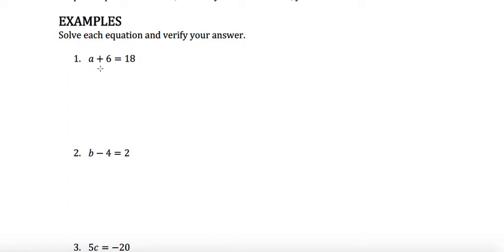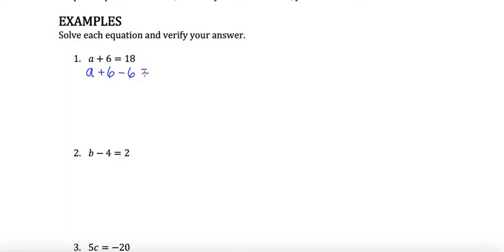For this one, we're going to eliminate our 6, so we're going to move our 6 to the other side of our equal sign. Right now we're adding the 6, so the opposite of adding is subtracting. Some of you might remember writing out your steps like this, where we show that we're adding the 6 and then we're subtracting the 6.